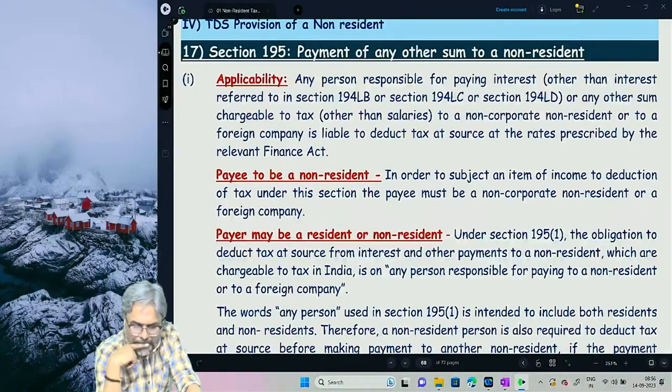Your take, Ashika. But why are you saying the main focus is on the payer? I could not get the first one. What did you say initially? The initial words?